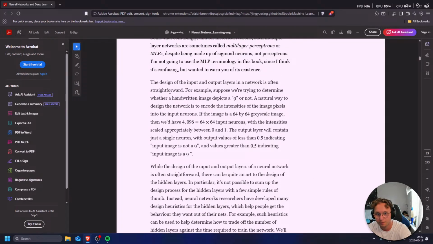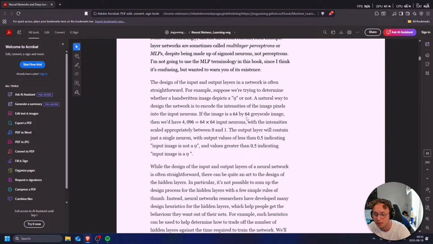All right. So yeah, the design of the input layers in a network is often straightforward. For example, suppose we're trying to determine whether a handwritten image depicts a 9 or not. A natural way to design a network is to encode the intensities of the image pixels into the input neurons.